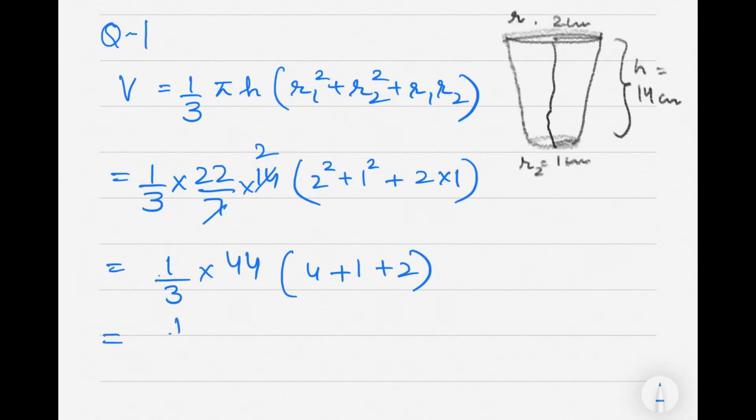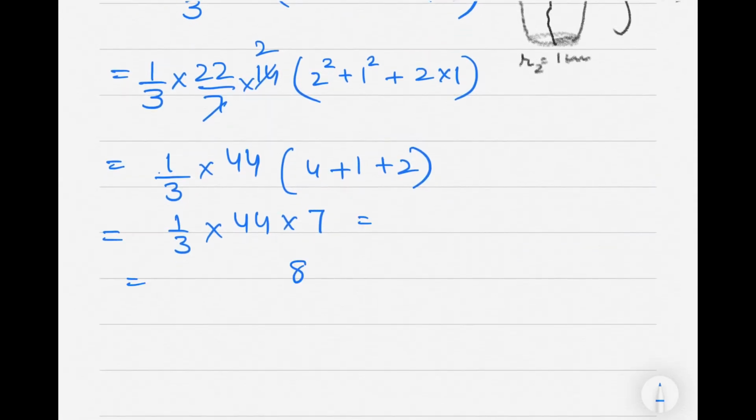The next step I get is 1 by 3 into 44 into 7, which is 308 by 3.